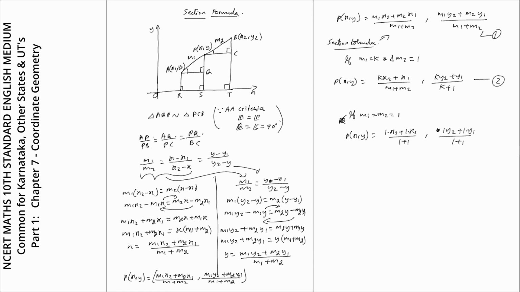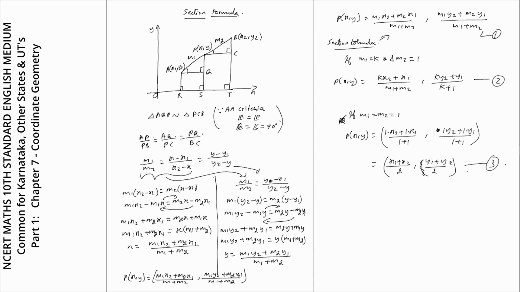I'm substituting m1 is equal to 1 and m2 is equal to 1 in equation 1. So here I'll get (x1 plus x2) by 2 and (y1 plus y2) by 2. This I'll mark as 3.